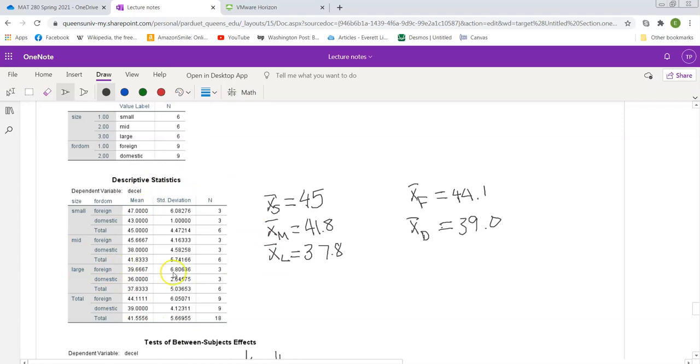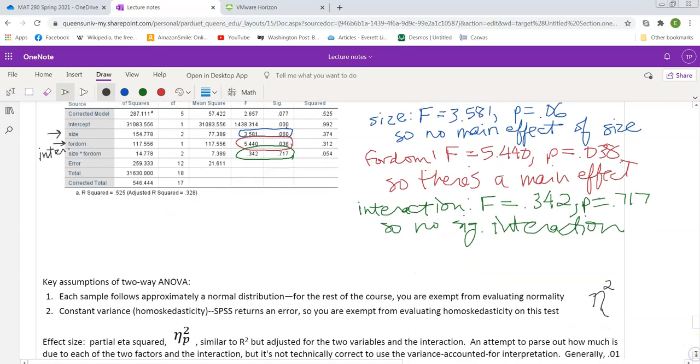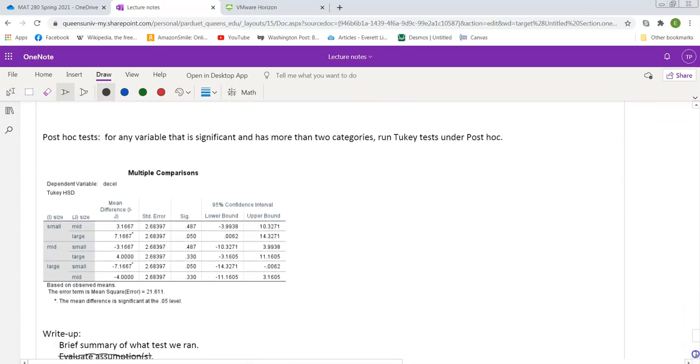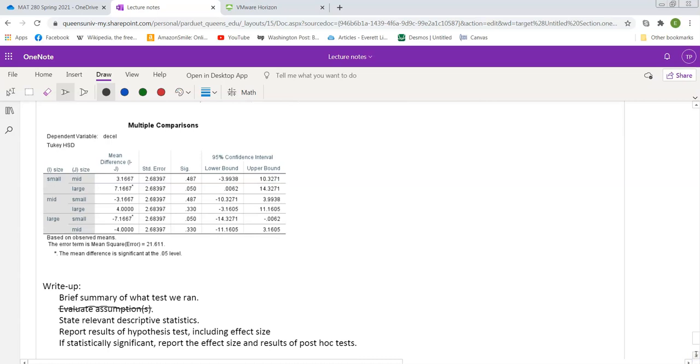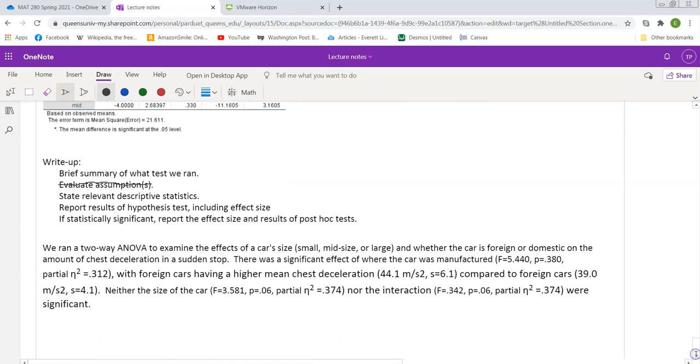You can copy and paste this table and point to a couple of them that are important. In my write-up, I stated the means and standard deviations for foreign and domestic because that one was statistically significant. But I did not state them for the size of the car because it was not. But you have a lot of leeway on that. I will give you leeway as long as you do something that makes sense.